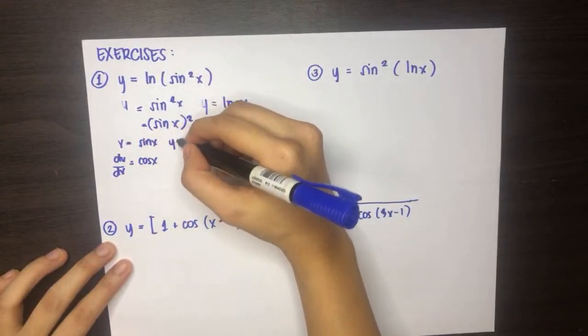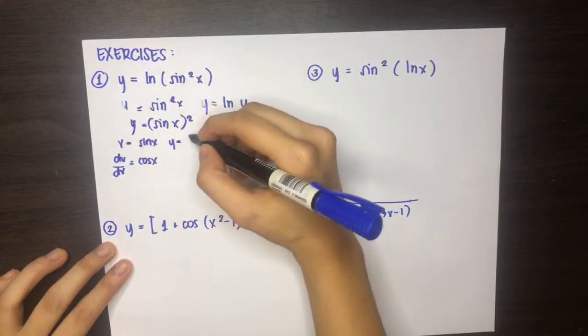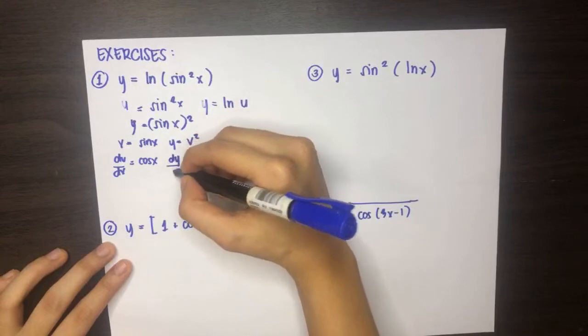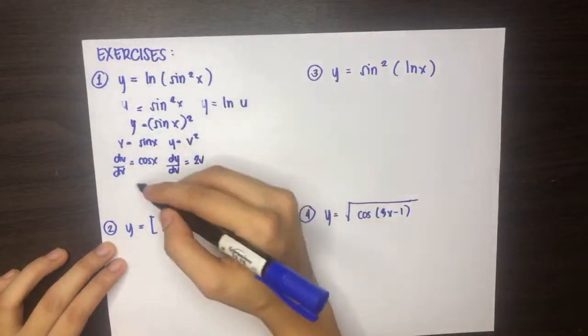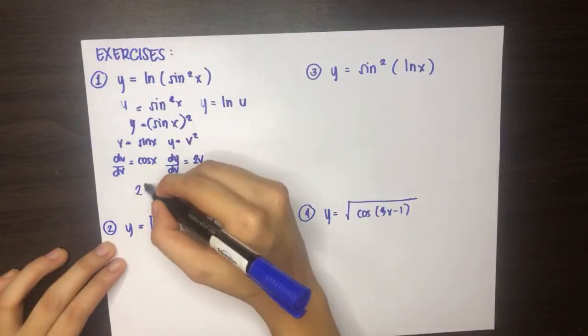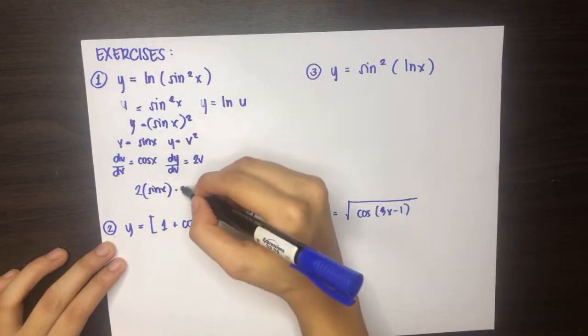So, my u is equal to v squared. So, du over dv is 2v. Substituting in the formula from earlier, we have 2 times v, which is sine x, times cosine x.